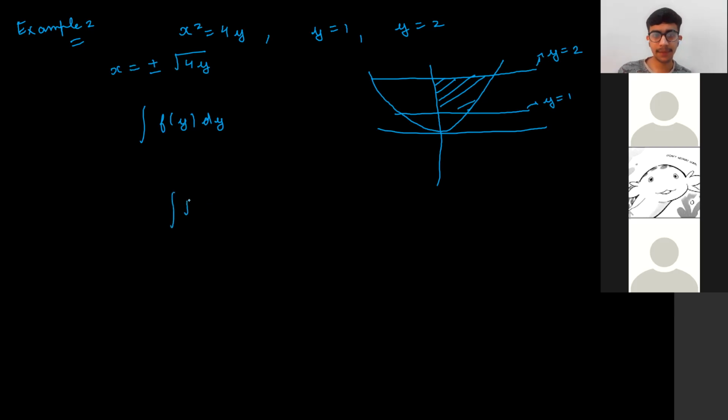So that means integration square root of 4y from 1 to 2. After this you can easily do the integration.